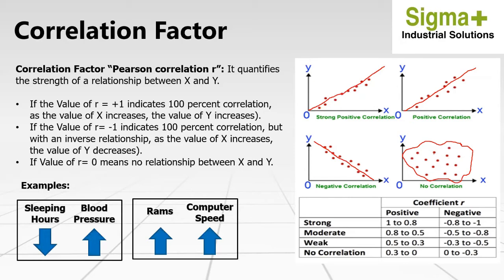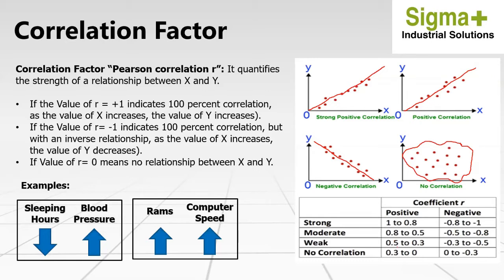Just to know, if the value of the correlation factor is between 0.8 to 1, or minus 0.8 to minus 1, that is a strong correlation. The moderate correlation will be between 0.5 to 0.8, or minus 0.5 to minus 0.8.